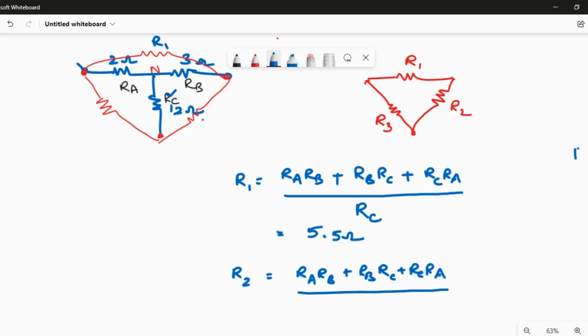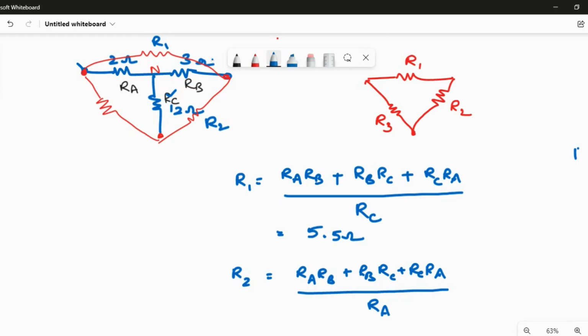This is R1 and this is R2 in the delta. For this R2 resistance, exactly opposite is this 2 ohm, that is RA, so divide by RA. That will be your R2. So remember the formula like this: multiply every two resistors in the star connected network and add all three, then divide by the resistance that is exactly opposite to the one you are finding.